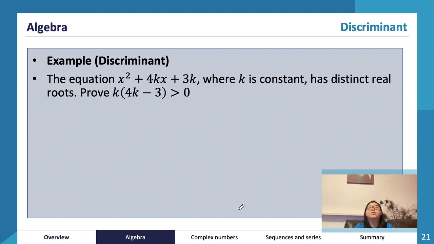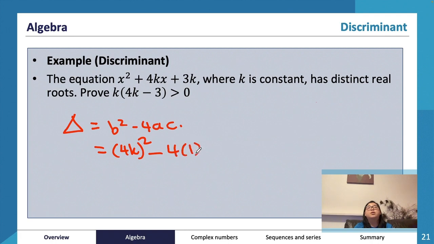The discriminant would once again be b squared minus 4ac. So we pop everything in: 4k squared minus 4 times 1 times 3k. Okay, so then we get 16k squared minus 12k.